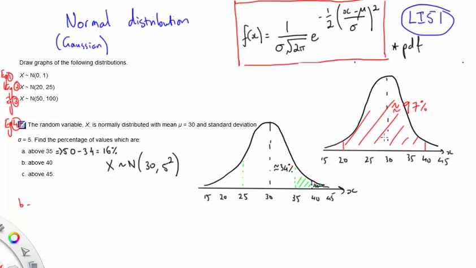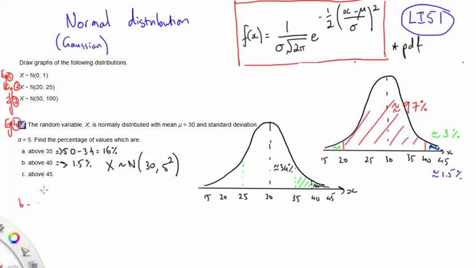If that's 97%, then what's left here and here is approximately 3%. But we just want above 40, so that's half of 3%, so that's about 1.5%. So the answer there is 1.5%.